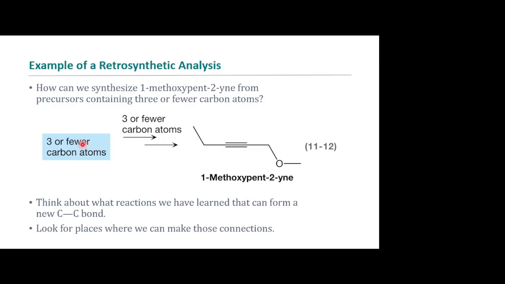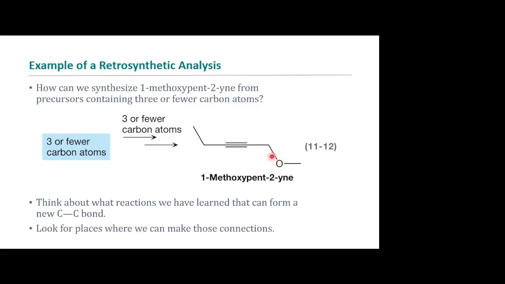You want 3 or fewer carbon atoms, right? So you look here. The 2 options we've talked about are the oxygen right here, making an ether, and then one where we had an alkyne being added to things. Those were our 2 options we've looked at so far today. 1, 2, 3 carbons right there, and this one has 1, 2, and then this would be our 3rd carbon.